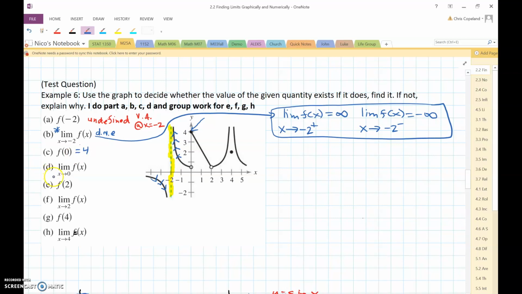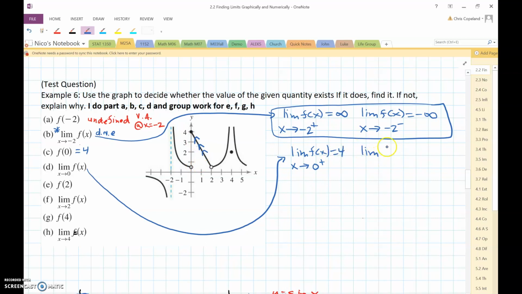Let's look at D. The limit of f of x as x approaches 0. Right? So again, let's go over here. Let's look at the limit of f of x as x approaches 0 from the right. Okay, so from the right, this equals 4.